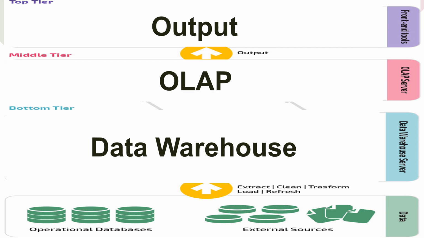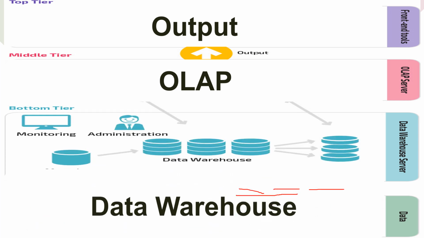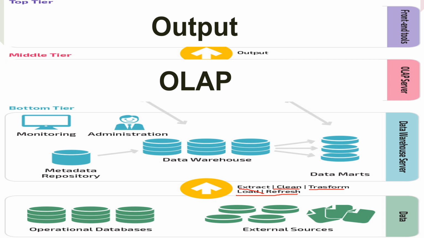Now all of that forms the data warehouse. To update the data warehouse, we need to extract from the operational database, we need to clean, we need to transform, and we need to load and refresh. So when we have the data here, now it's the data warehouse.